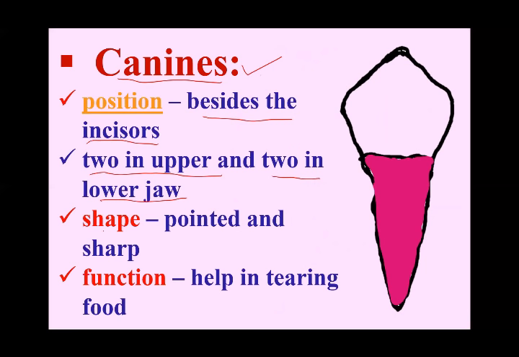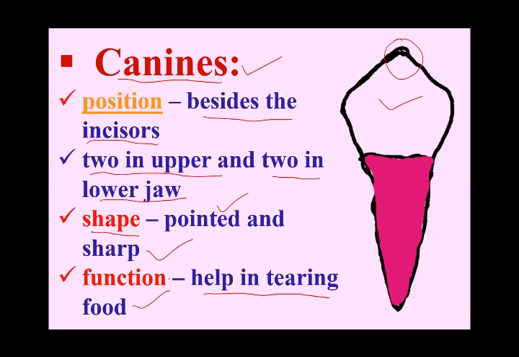Now the shape of the canines. These canines are pointed and sharp. As you can see in this image, a canine tooth is shown here. In this you can see how sharp it is, and it helps in tearing the food. In human beings, these canines are not that sharp.